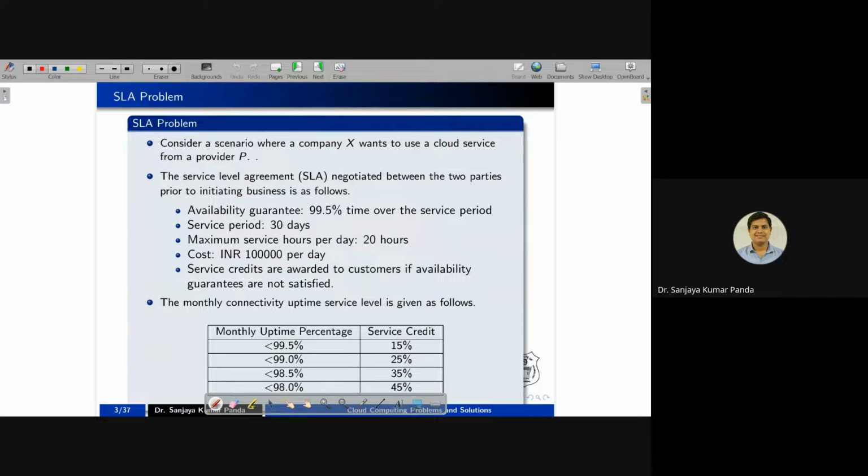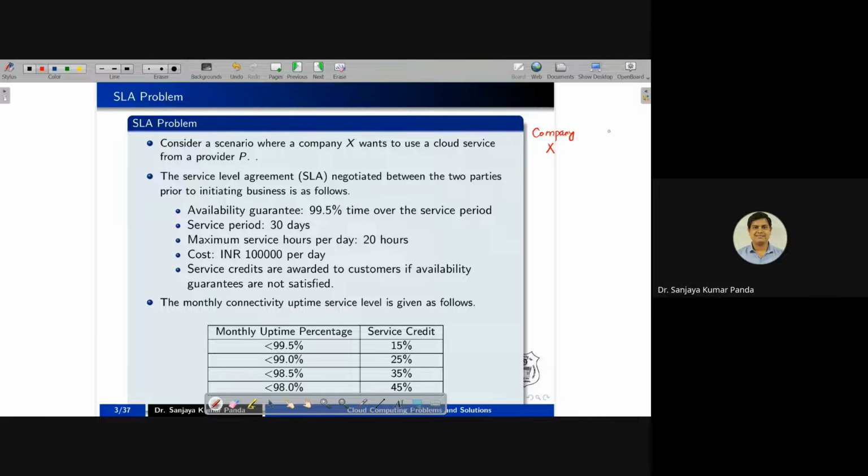So let us see the first service level agreement problem. I'll solve one of the problems, then I'll ask you to solve another problem which is similar to this particular problem. So the problem says, consider a particular situation where company X wants to use a cloud service from a provider P. So there is a company X who is the client.